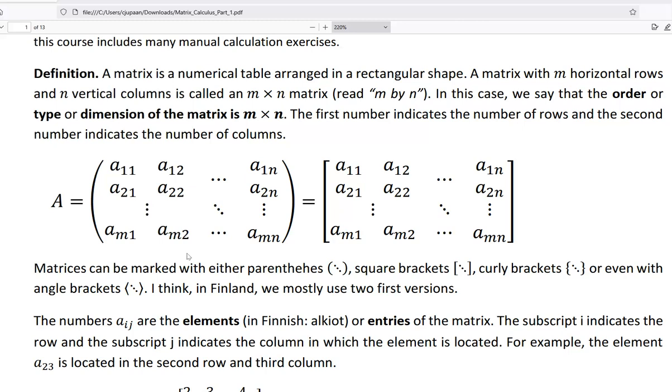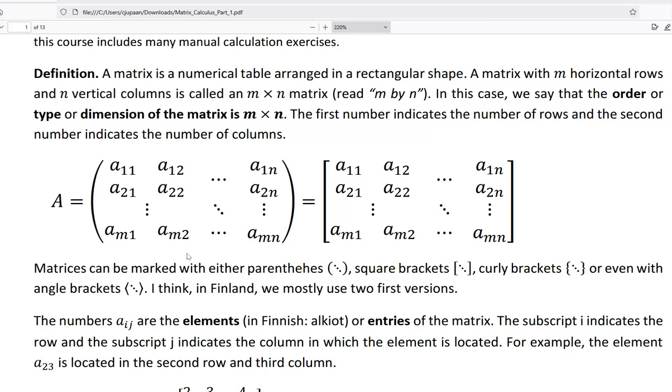Many times when I calculate with matrices with pen and paper, I use those rounded parentheses. But in written text, when I use a computer and write some examples concerning matrices, I many times use the so-called square brackets, those on the right-hand side of the picture.